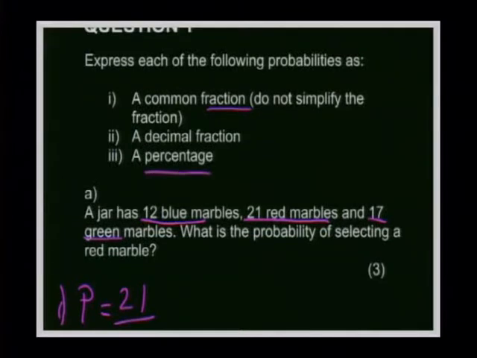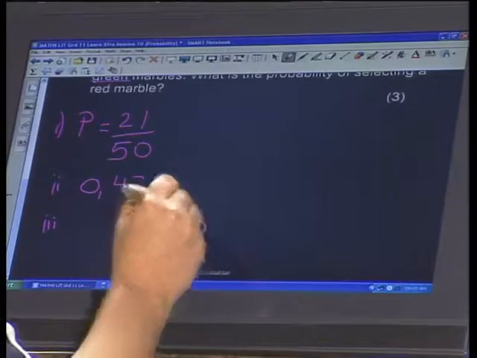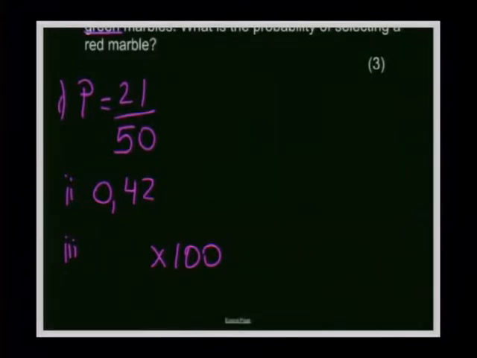And lastly, they want a percentage. Remember, whenever they ask you for a percentage, what do we have to do? We have to multiply by 100. So I know somewhere along the line I have to multiply by 100. It's probably easiest if I use my decimal, but just in case I've made a mistake with this, I'm going to go back to my original 21 out of 50 times by 100.